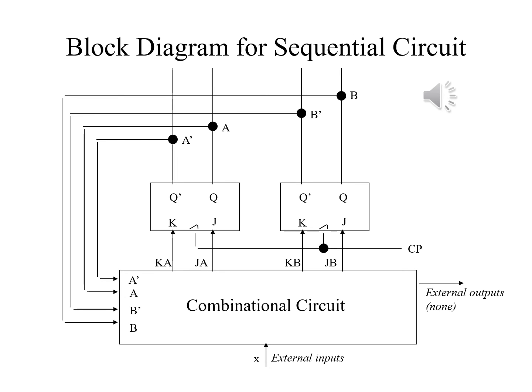Coming out of the combinational circuit, we have going into the flip-flops, JA and KA, the J and K inputs for flip-flop A, JB and KB, the control inputs into flip-flop B. What we need to find is how A prime, B prime, and X will determine the values for J and K going into both flip-flops.